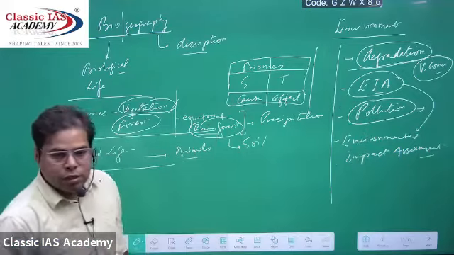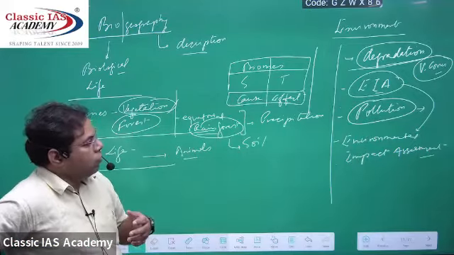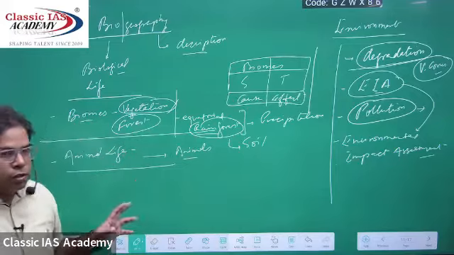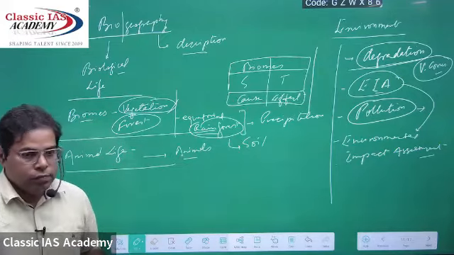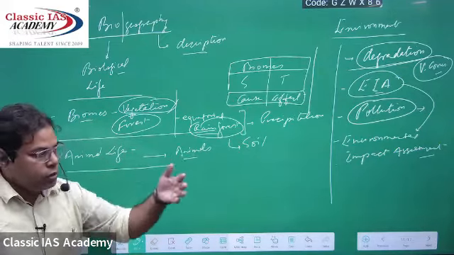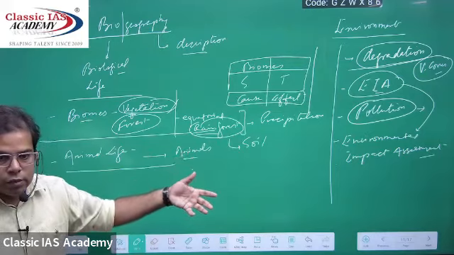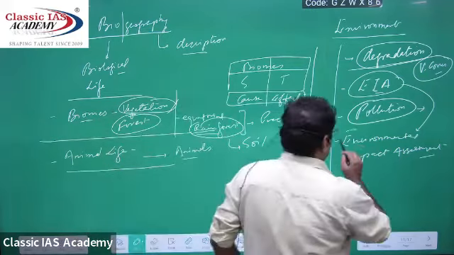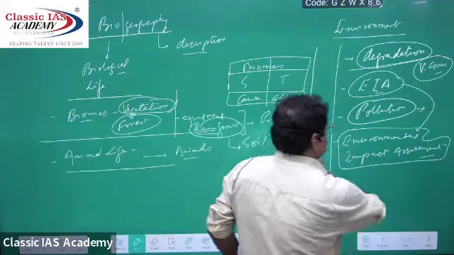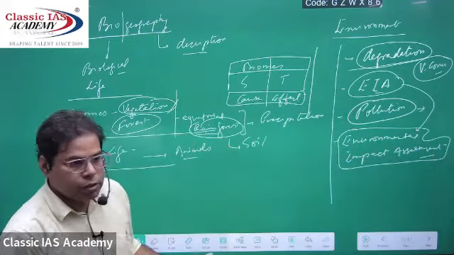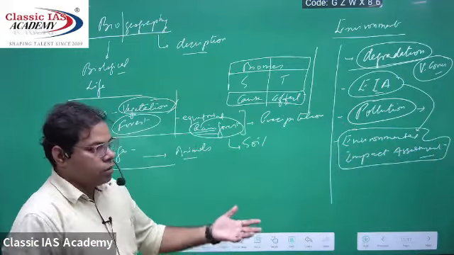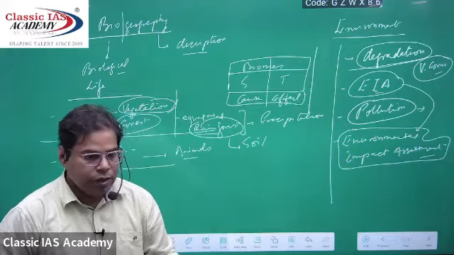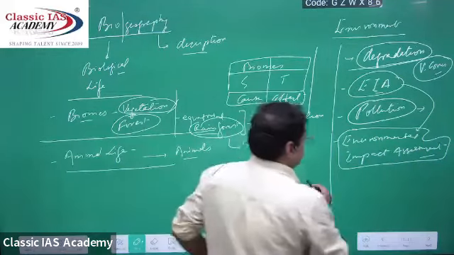For this environment, we study the impact: to what level, to what extent the impact has started. Got it or not? So this is the solution for environmental management. When we study the impact, then we go for the management. So that is the environmental section.